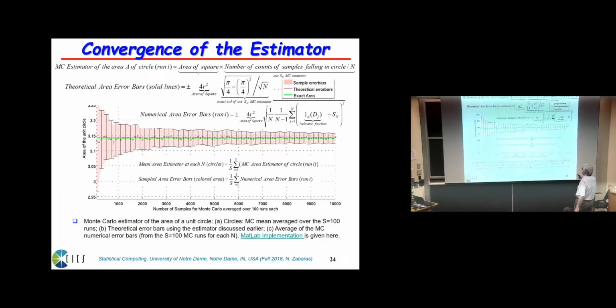So if you repeat this experiment many times, you can compute error bars from the estimator, where I use the actual variance. So this is the theoretical error bars, these lines that you see here.